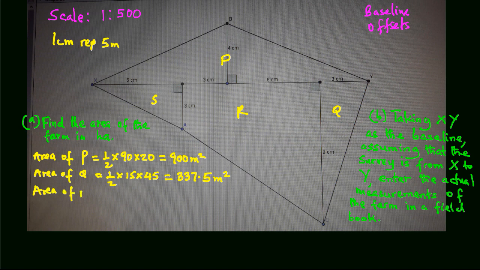Area of R equals to, this is a trapezium, so a half of sum of parallel lines here, that will be 3 plus 9, 12 times 5, 60. Then times the particular distance between them. That distance is 45.